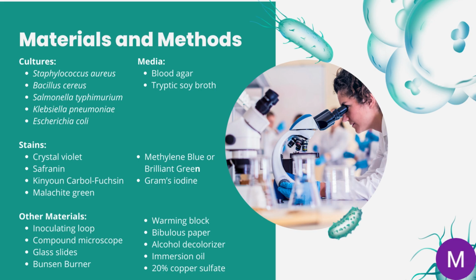Other materials that were used during this experiment would include an inoculating loop, a compound microscope, glass slides, Bunsen burner, and a few other materials that, as you can see, are listed here on the slide. All of these materials were used to perform different staining techniques, such as a gram stain, acid fast stain, capsule stain, endospore, and a simple stain.